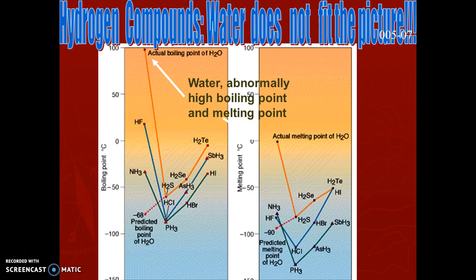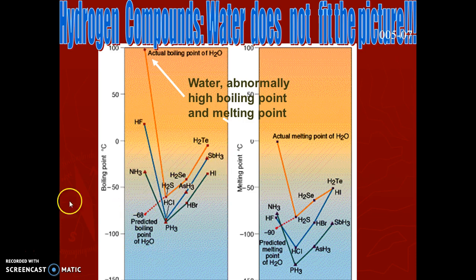And so because of that hydrogen bonding, water molecules like to stay together. And because they like to stay together, it takes a lot more energy to get them apart, i.e. a lot more heat for them to turn into the gas phase or another phase period. So because of that hydrogen bonding, water has an abnormally high boiling point.